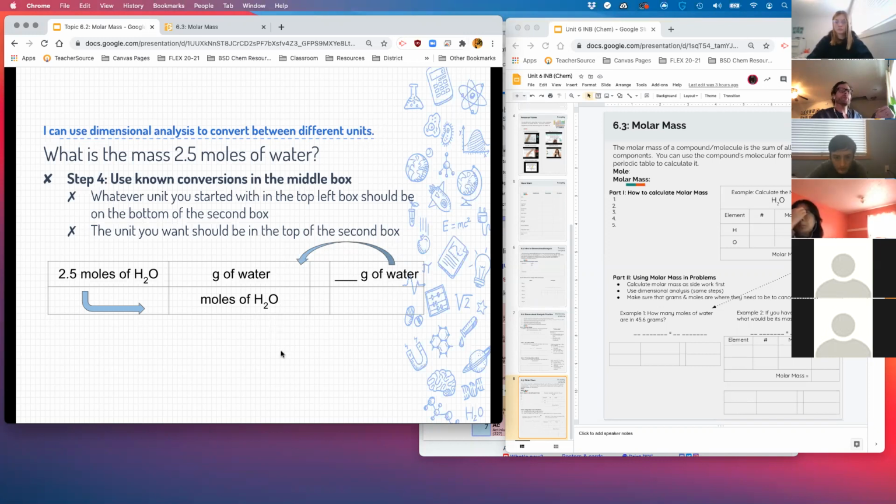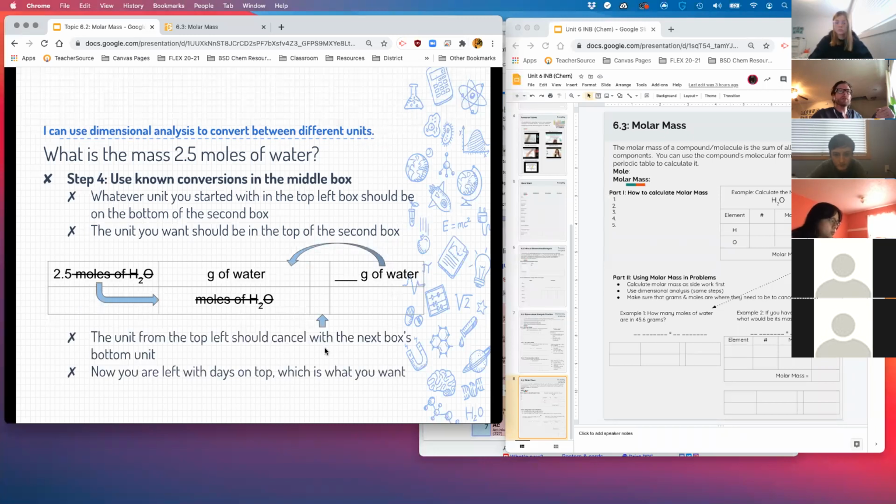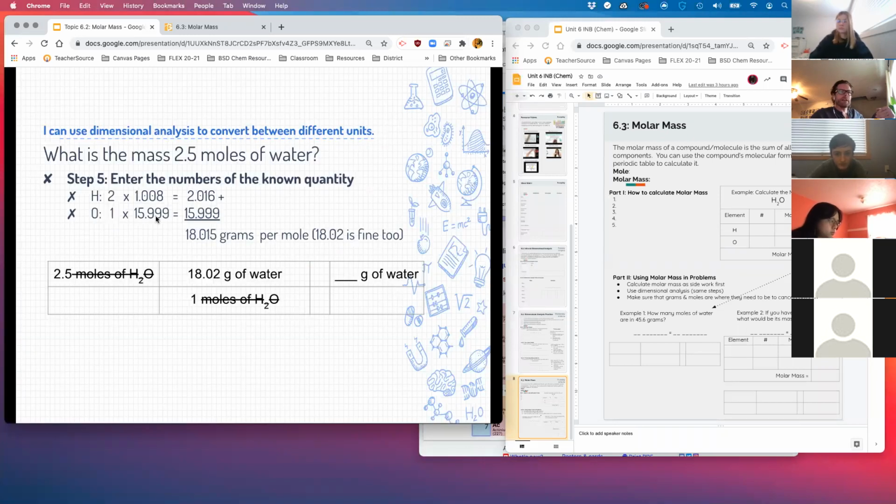But what numbers do we stick in? Well, this right here is where the side hustle comes in. This is the practice that we did yesterday, okay? We did it in our example problem up above, 2 times 1.008. This right here is our molar mass of water. It is 18.015 grams per mole.